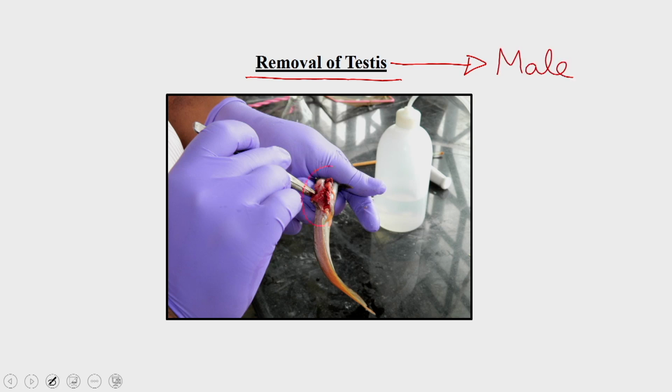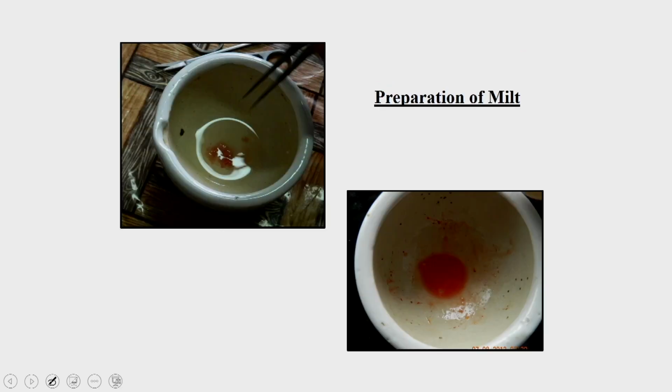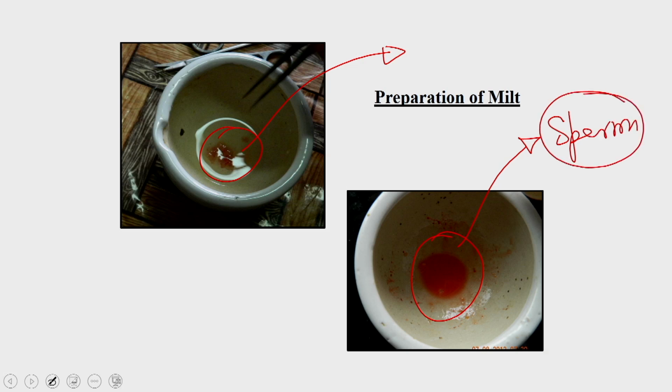Once you remove the testes, you can take them and prepare the milt. You put them into a pestle and mortar, and it is going to give you a solution of the milt, and that milt is nothing but the sperm which is contained within the testes.